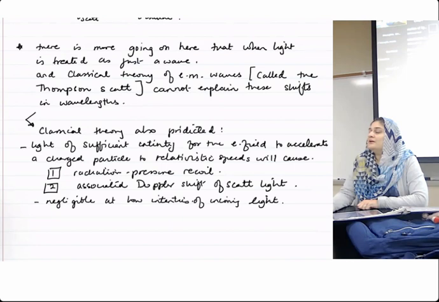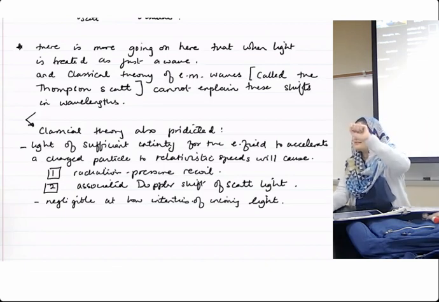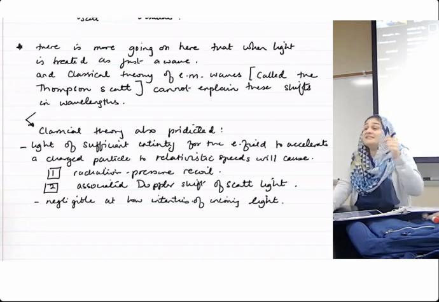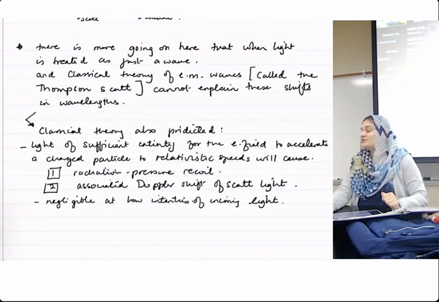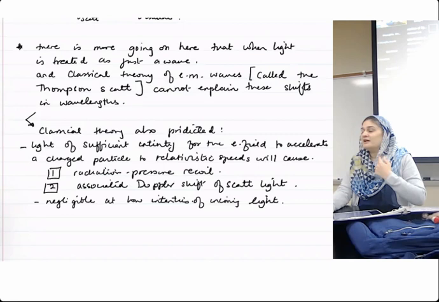Did we, in photoelectric effect, say that it does not depend on the intensity of light? Remember, we increased the intensity, then we decreased the intensity, and nothing was happening. That's exactly what Compton was observing in his experiments. He was like, wait, what's going on?